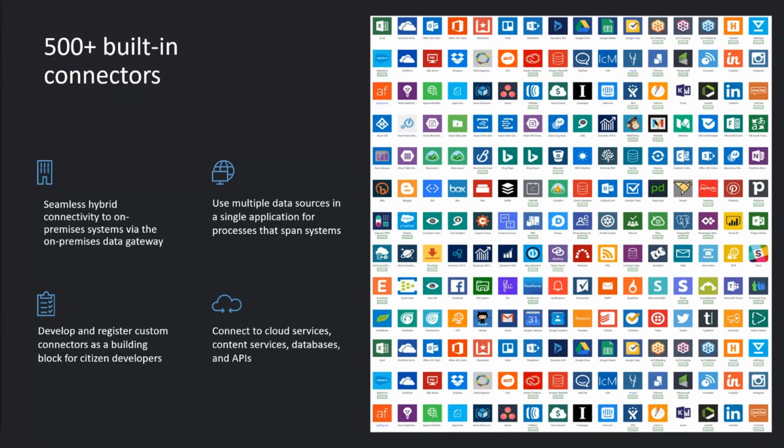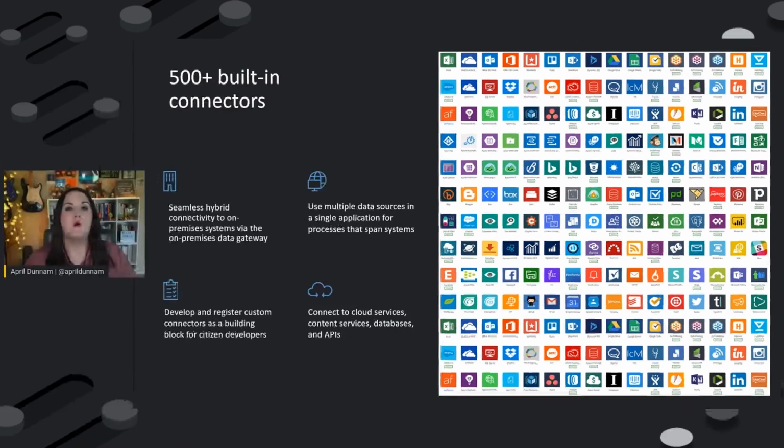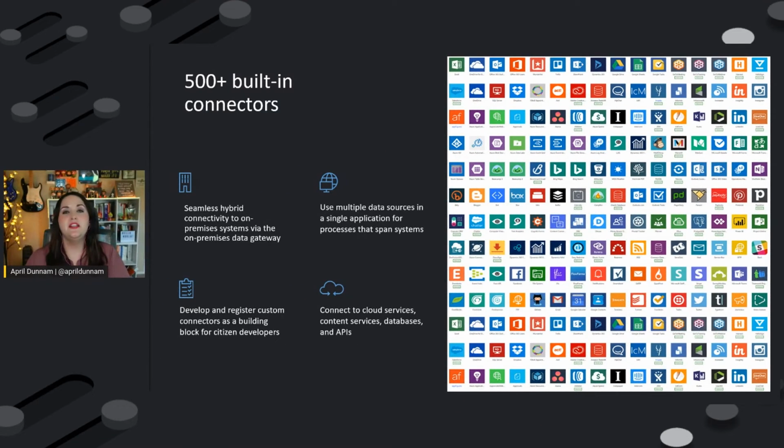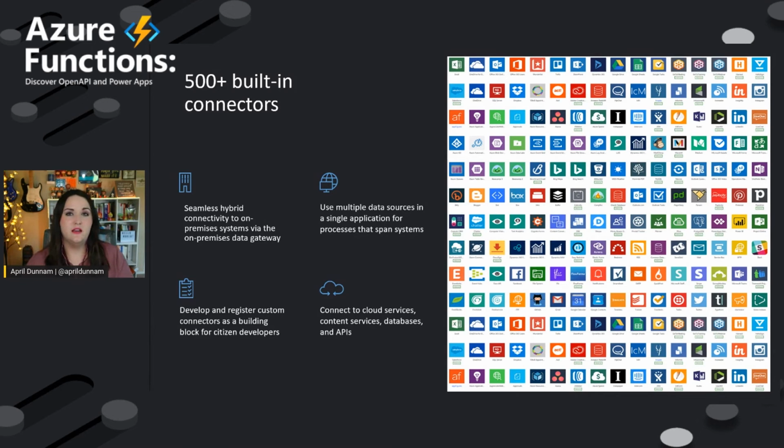So these can be connectors to be able to consume information from Microsoft services like SharePoint and OneDrive, Dynamics, and Azure, as well as third-party services like Salesforce, Box, WordPress, MailChimp, just to name a few. But beyond this, and where the real power comes in, is the ability to create custom connectors and even connect to on-prem data with the on-prem data gateway that you can set up.